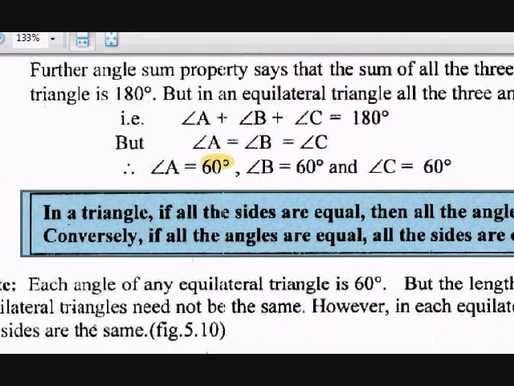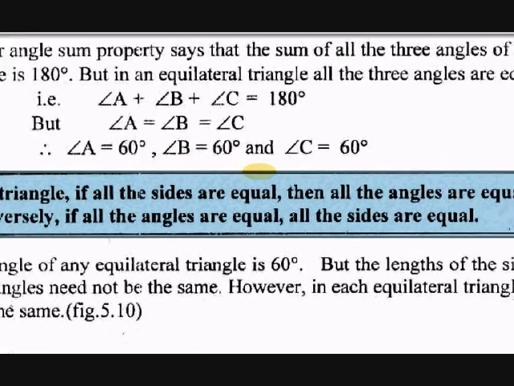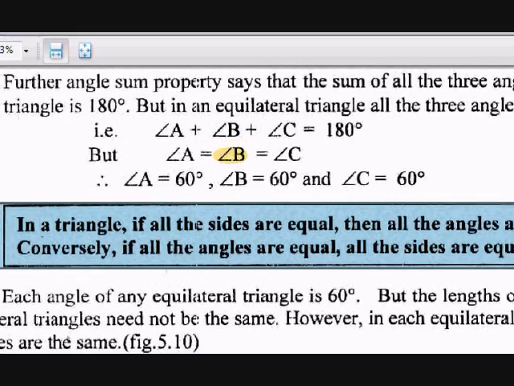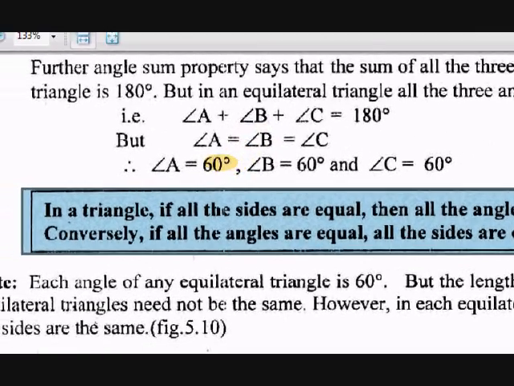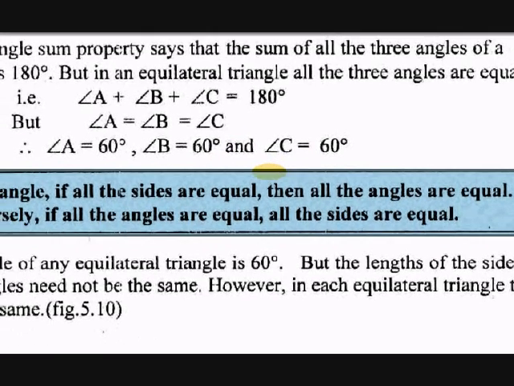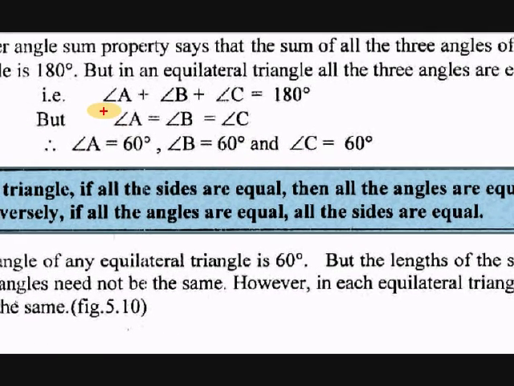Further, another important property: since all the angles of an equilateral triangle are equal, we know the property that all the angles sum up to 180 degrees. The sum of all the three angles, angle A, angle B, and angle C, should be 180 degrees. That is the property of triangles.